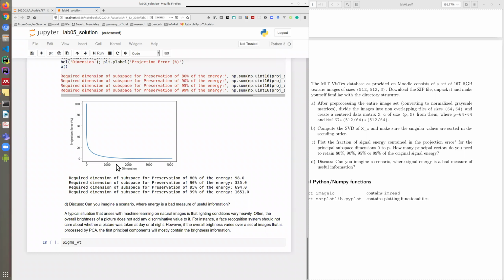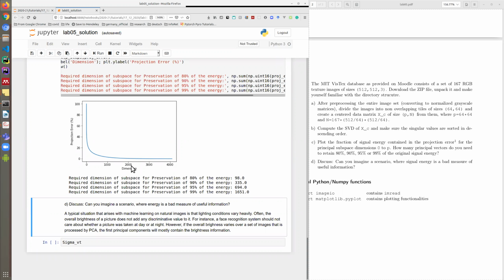So this is a particular scenario where energy can be a bad measure, because energy in grayscale is the difference between brightness and darkness. If one pixel is at value 255, and the same pixel of the same face, with exactly the same texture, taken at night might have value 100, then for PCA this will be a lot different.